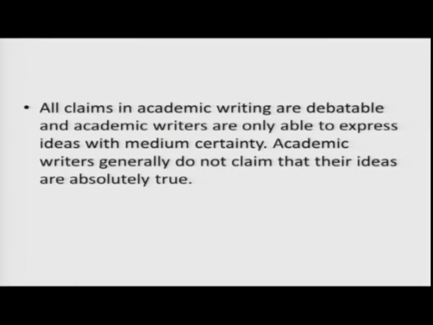As I mentioned earlier, most of the claims you make in academic writing are debatable, and therefore academic writers express their ideas with a medium level of certainty. They do not claim that whatever they are saying is absolutely true. You will need a lot of evidence, a lot of studies, to say that something is absolutely true.